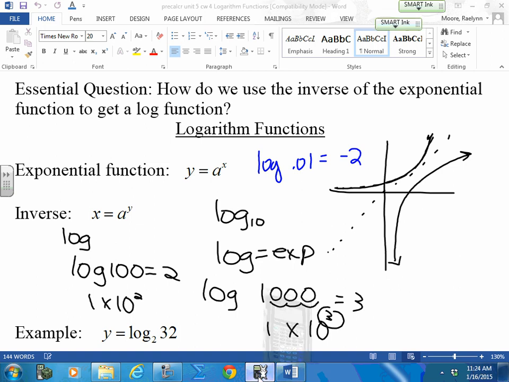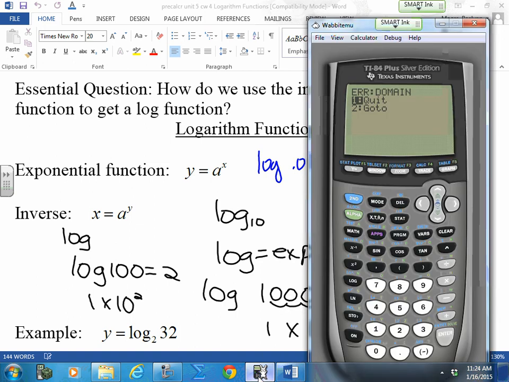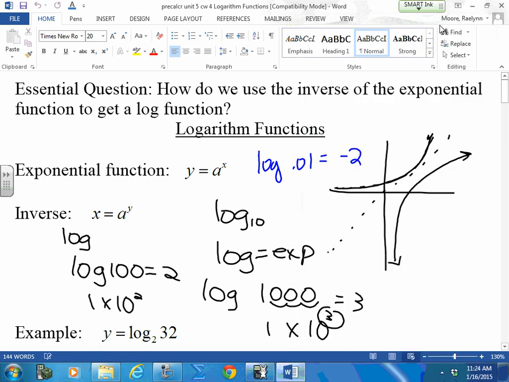Now that's what you come out with. That's what your range comes out in between. So your log of 0.01, because it's still greater than 0, gives me a -2. And isn't my range all real numbers now for my logs? Right? So does this make a little bit of sense where our logs come from?